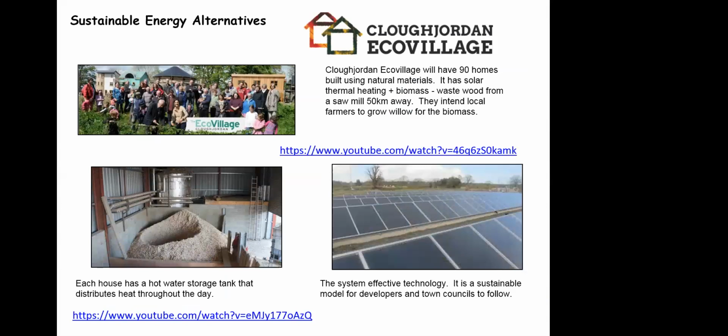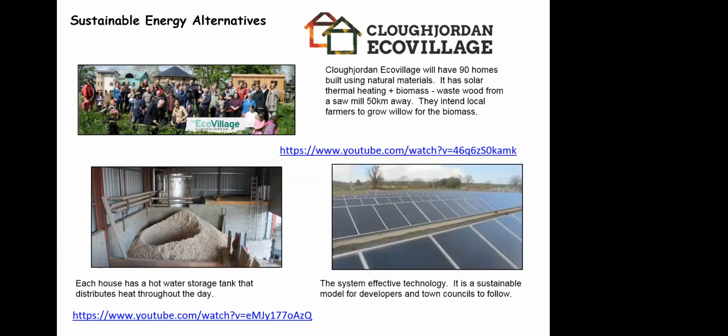Cloughjordan Eco Village in Ireland is a relatively new eco village, so they really did start everything from scratch quite recently. They have quite an interesting system for heating. So they have these solar thermal panels, at the bottom right-hand corner, that is not photovoltaic, it's solar thermal.